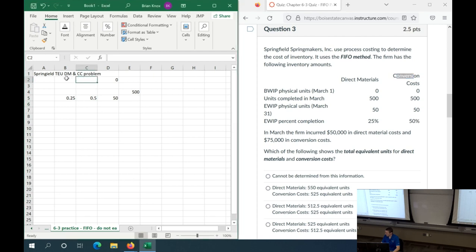And we don't have any information about the beginning WIP units, but there are 0 of them, so their percent complete would be 0 anyway if we had a percent complete for 0. Oh, wow. It's a philosophical paradox right there. So we need TEU. And in FIFO land, TEU equals units completed minus beginning WIP equivalent units plus ending WIP equivalent units.